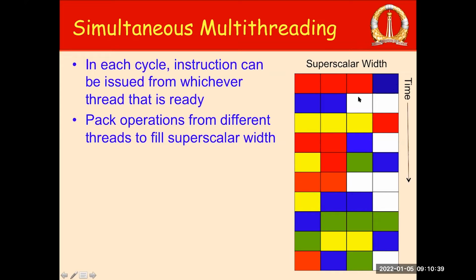Every one of these colored cells represents an instruction from a different thread, and the white cells are the wasted stalls. As you can see, compared to the previous diagram, in simultaneous multi-threading you have fewer stalls being incurred. This is what I meant by taking instructions from different threads: you take thread level parallelism and convert it into instruction level parallelism by executing them together in the superscalar processor.